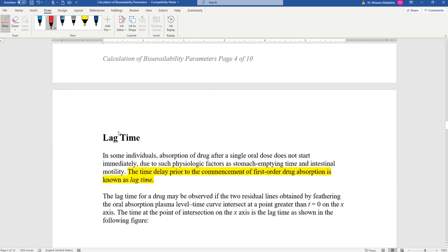Okay, now we will talk about the lag time. What do we mean by lag time? Lag time is the time, because I'm talking here about time, before the start of the first order absorption process.